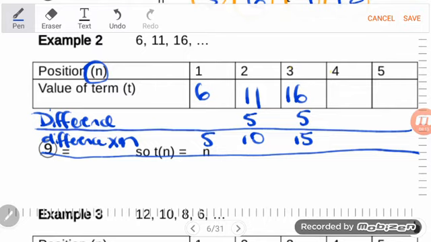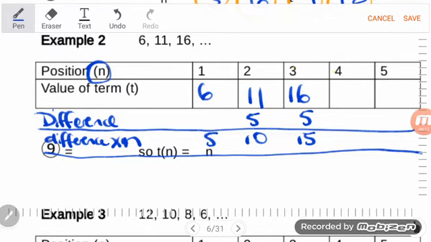Now, let's look for our second difference, shall we? So here we've got 6, here we've got 5. What's the difference? 1. Here we've got 10, but the term is actually 11. What's the difference? 1. Okay, let's try the next term. The next term is actually 16. What have we got? We've got 15. What's the difference between them? 1.